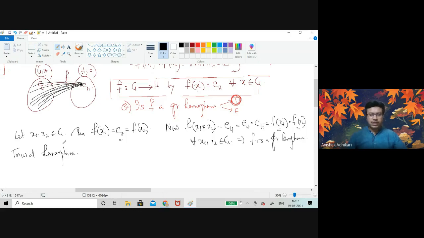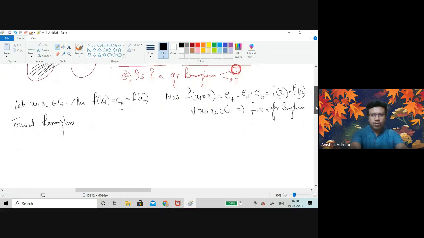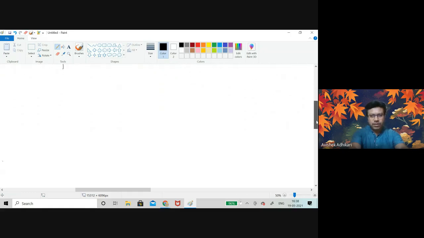So the question is, can we have some non-trivial homomorphism? Suppose any other groups, is it always possible that we can have a non-trivial homomorphism? Okay, let us try to check. Previously we defined our f from Z plus to Z2 plus, right?